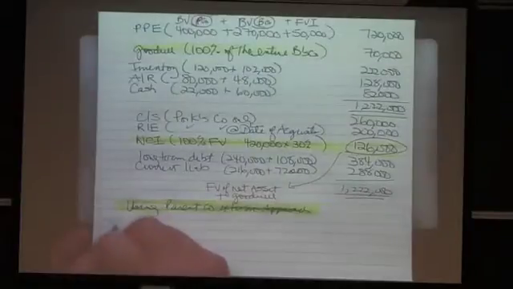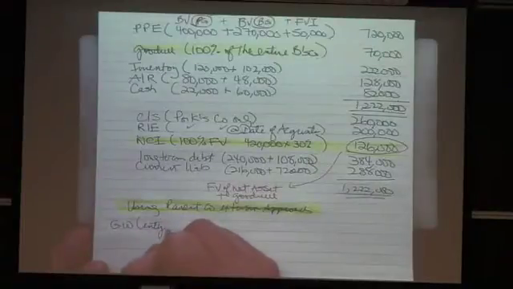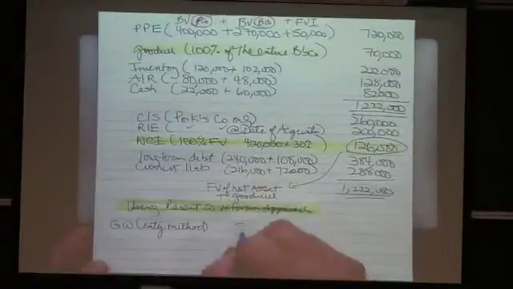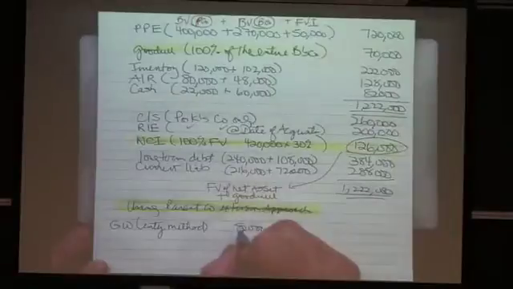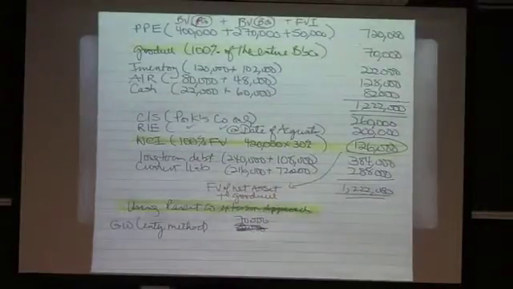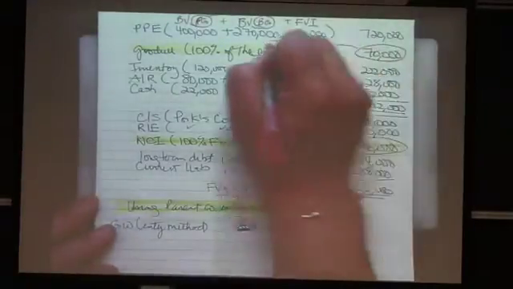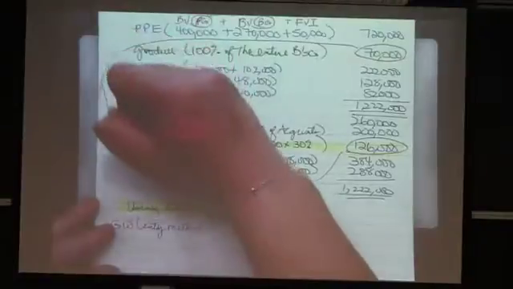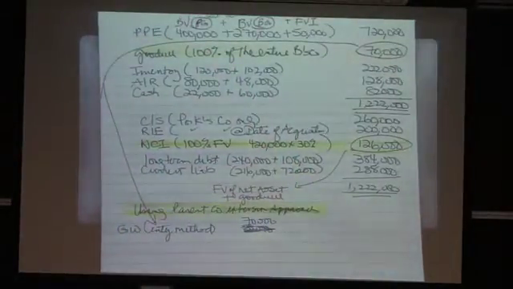So goodwill under the entity method is 82,000, right? No, 70,000, sorry. So that 70,000 is this number here. I'm just giving you the roundabout way of doing that.